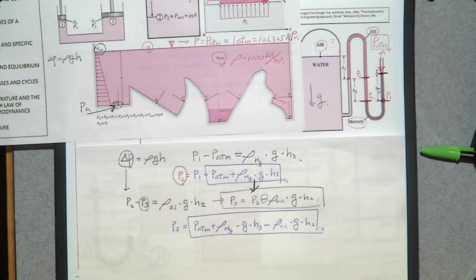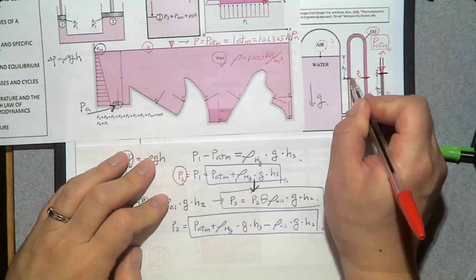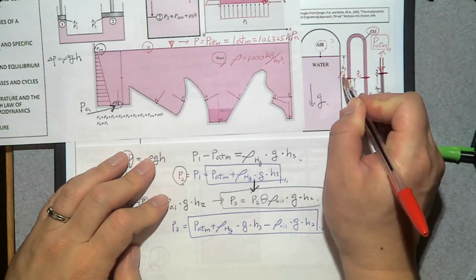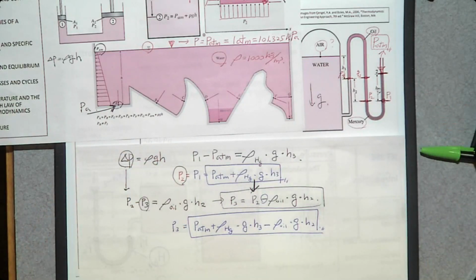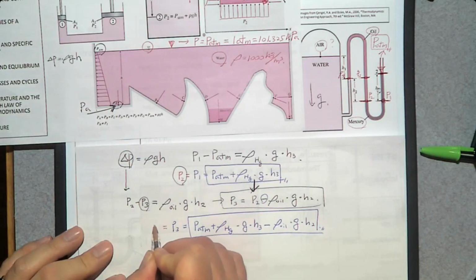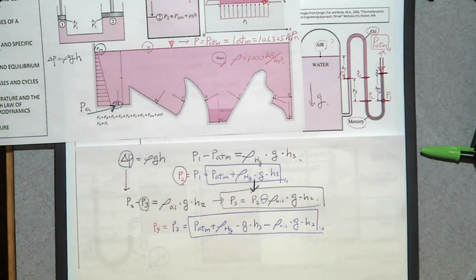Now let's find the next pressure. From P3, we have an interface between oil and water. I'm going to call it P4. What is the relation between P3 and P4? They're the same, right? So this one is P4.